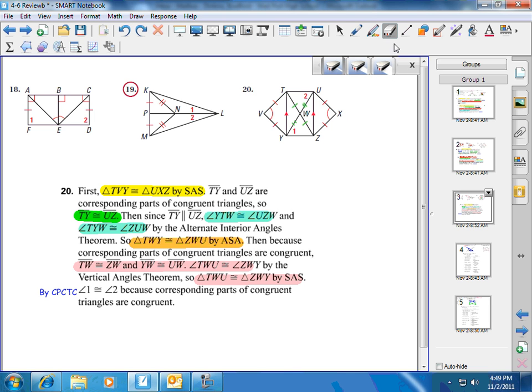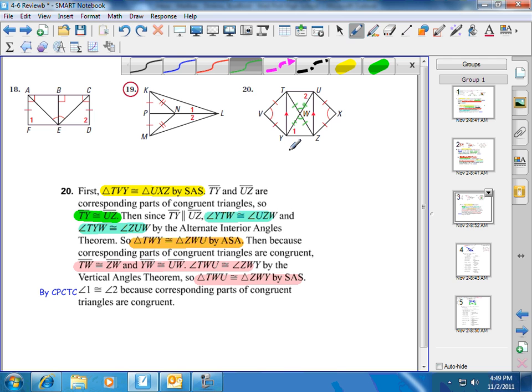All right, and then vertical angles are congruent. So this angle here is congruent to this angle here. So by side angle side, we can say that TWU is congruent to ZWY.